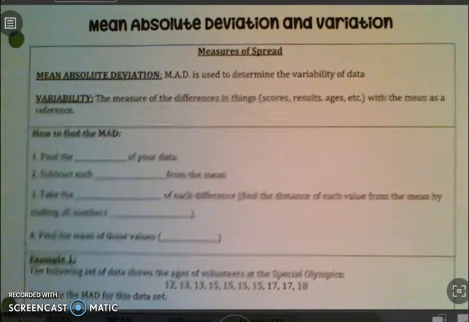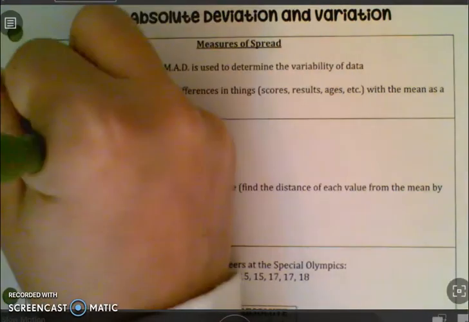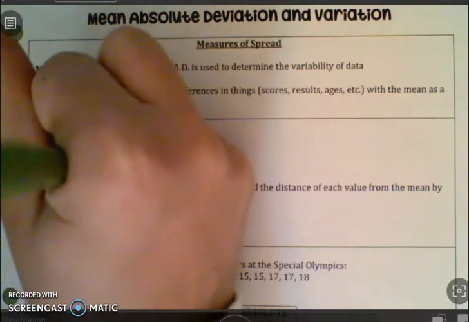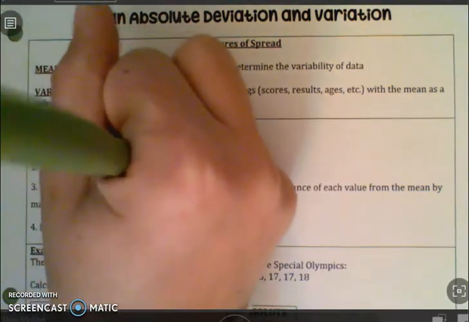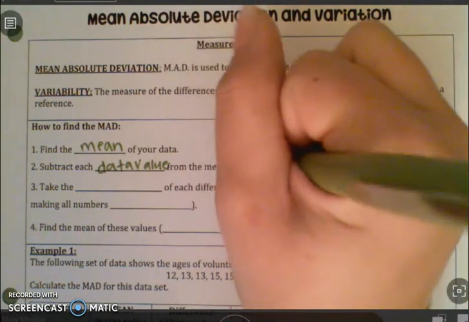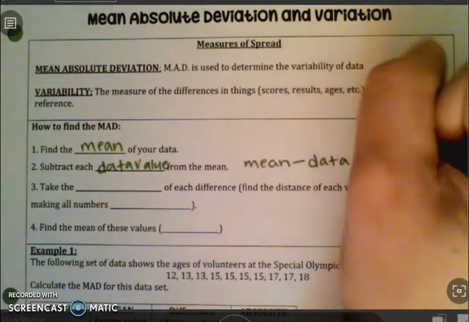So for the MAD, the mean absolute deviation, the first thing you're going to need to do is find the mean of your data. Once you find your mean, you're going to subtract each data value from the mean. So you're going to do the mean minus whatever your data values are.